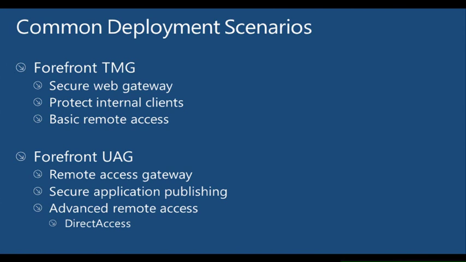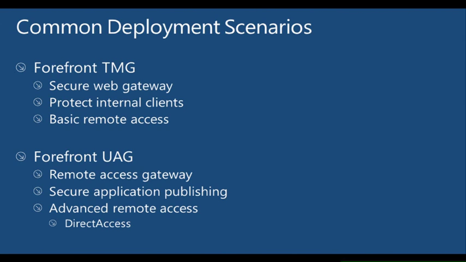Forefront UAG, again, as I mentioned before, is a dedicated remote access gateway. Essentially what UAG does is it takes one of the roles of TMG, the remote access role, and it turbocharges that. UAG is really centered more around application publishing, and I contrast this with TMG.